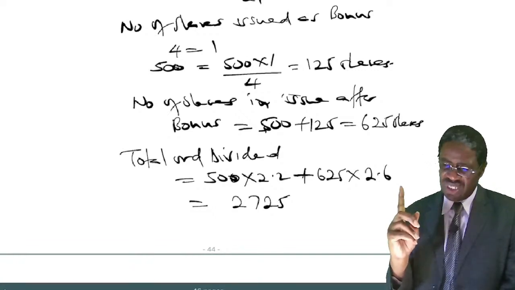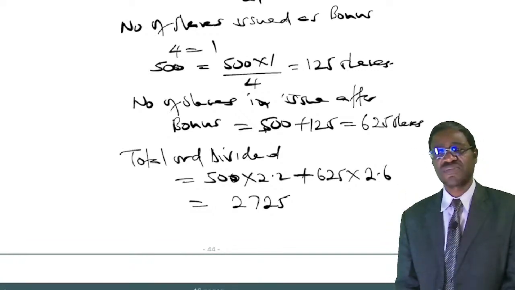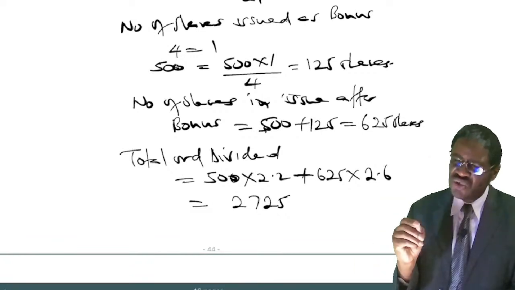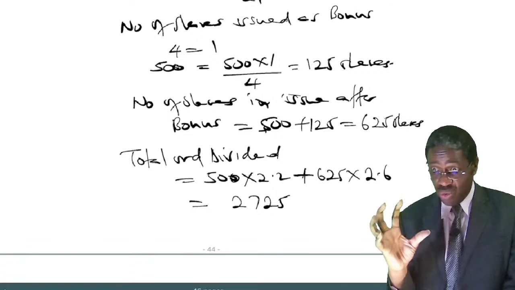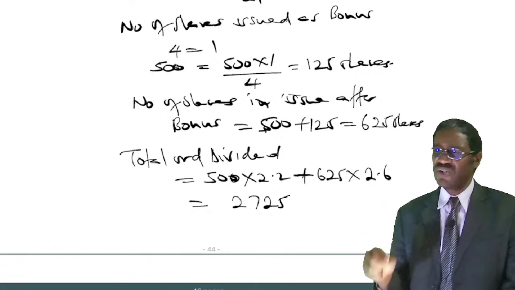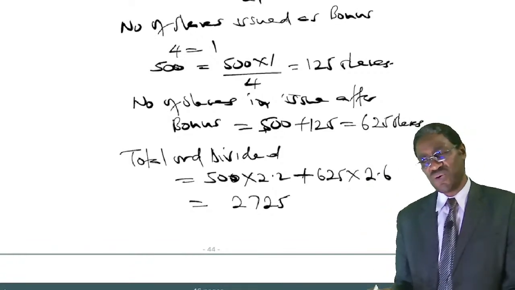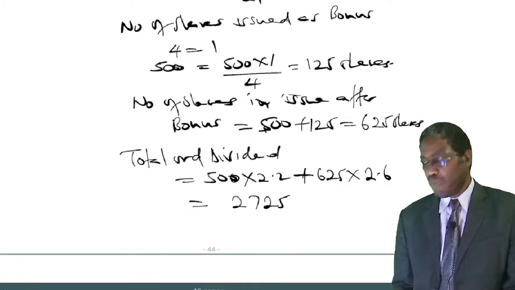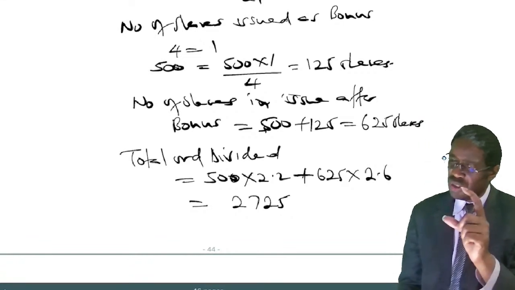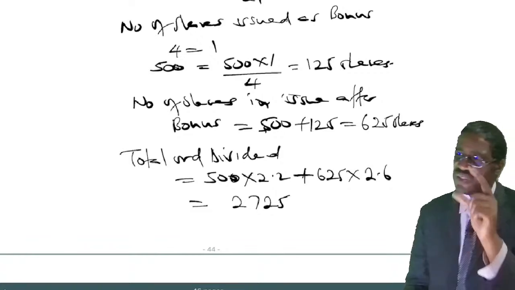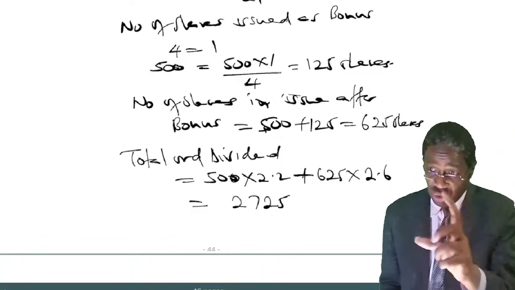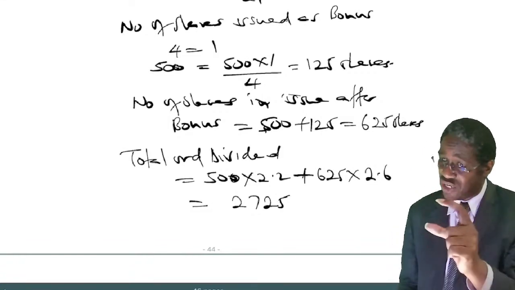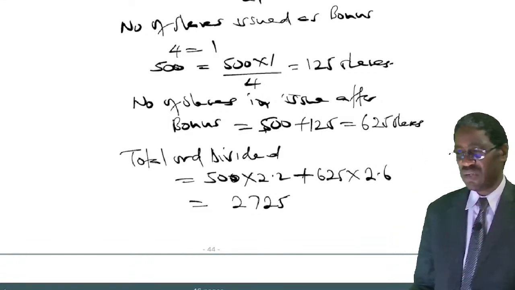But the question is this: do you increase your closing stock by 2.6 million? No. 2.6 million was the selling price of the goods. But you know that stocks are always valued at cost, not at selling price.